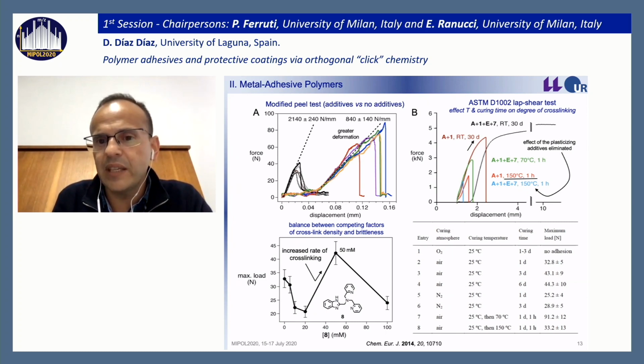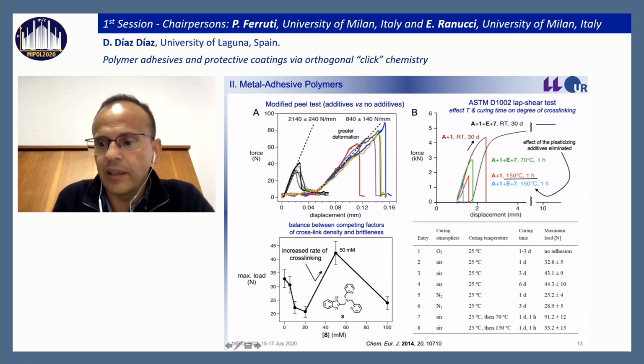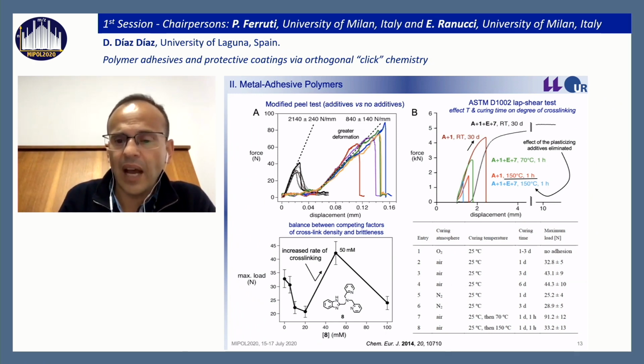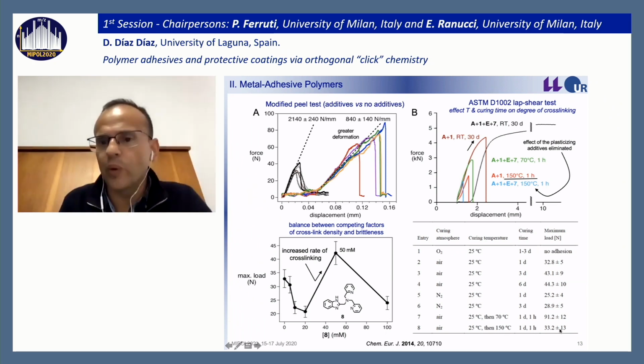If we put just pure oxygen, then we don't have adhesion. The optimal case is just the air, which contains 20% of oxygen. And in air, we can also decrease the speed by increasing a little bit the temperature, but again, not too much, because then we go the other way around.